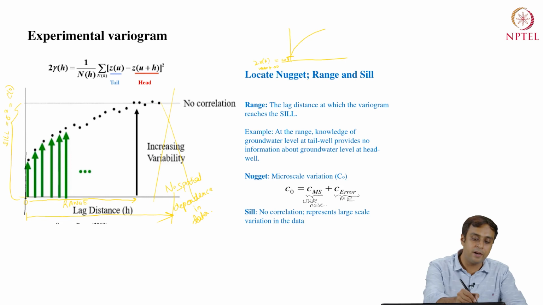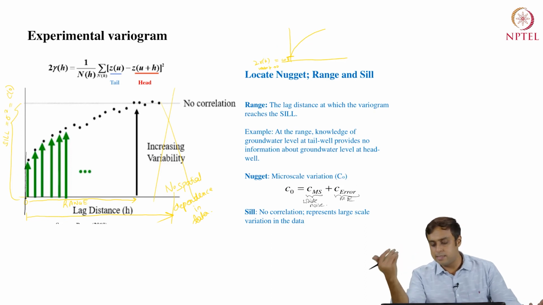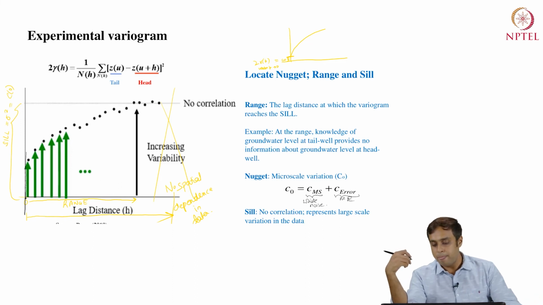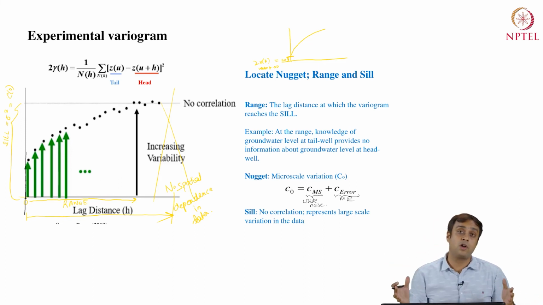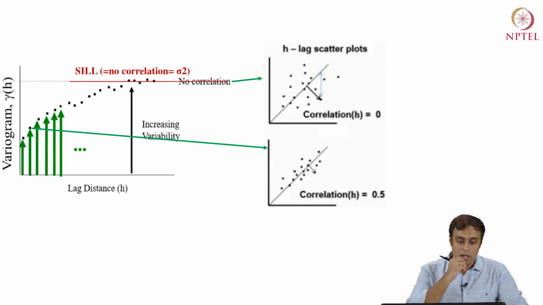So, it is really predicted from the data rather than being calculated or estimated directly. Okay. And sill is just the large scale variation in data, something that we have discussed in detail now. I hope this makes your understanding of an experimental variogram very, very clear. I sincerely hope so.